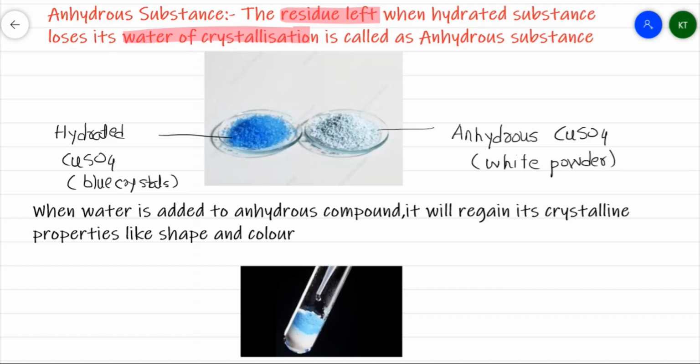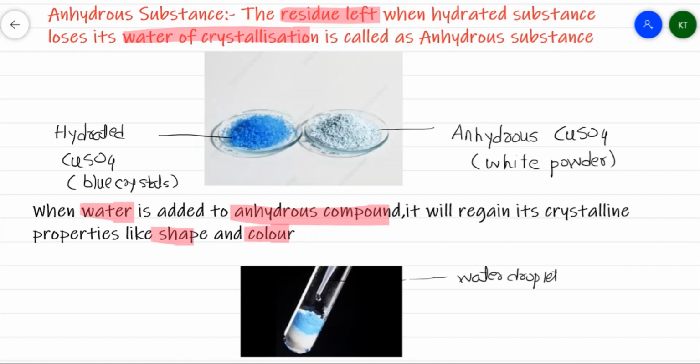Now one interesting fact is seen with an anhydrous compound, that means the compound you obtained after heating the hydrated salt, the solid which is left out. Whenever I add water to this anhydrous compound, it will regain its crystalline shape and color. Originally it was all white. I'm adding water here. You can see a water droplet is added.